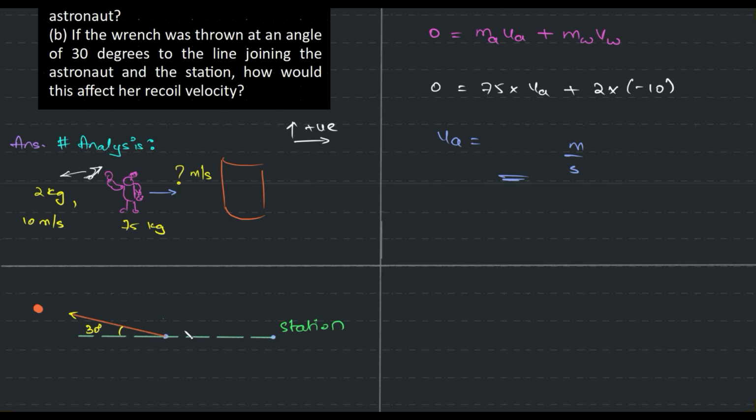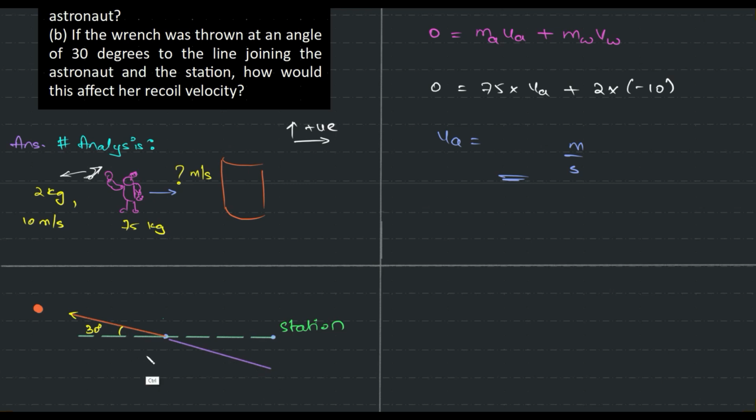But will she be able to reach the station? I guess so. But will it be with the same rate, with the same time? No. She will take a few more seconds. Why is that? Because of the throw, she will travel in this way, basically.